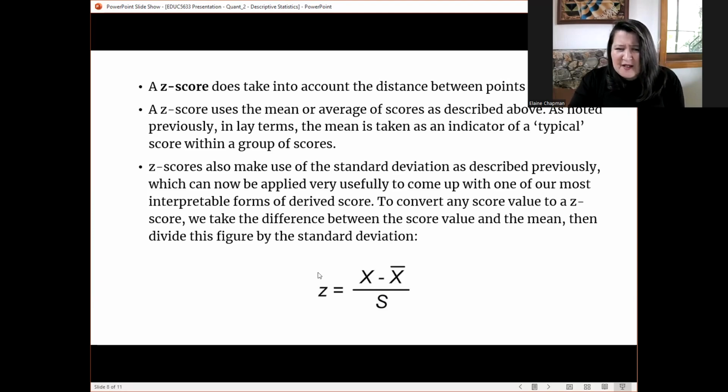So, what does this mean? Basically, the Z-score computation means that we take any score that we're interested in, which will be X. We subtract from that score the mean, the so-called typical score within the distribution. What we've got there already is a difference between that raw score and the mean, a deviation of that score from the mean.